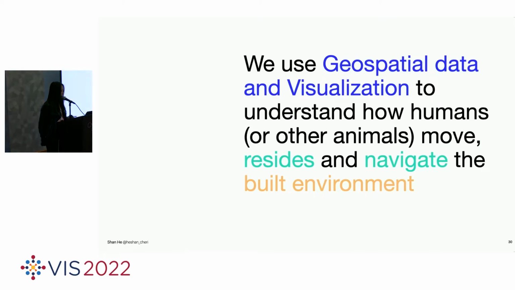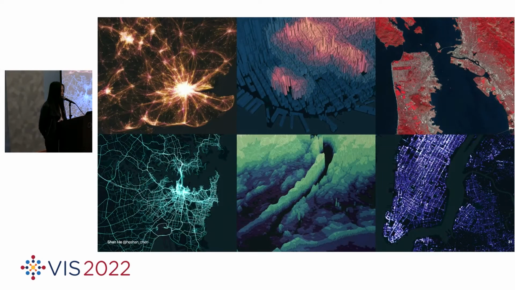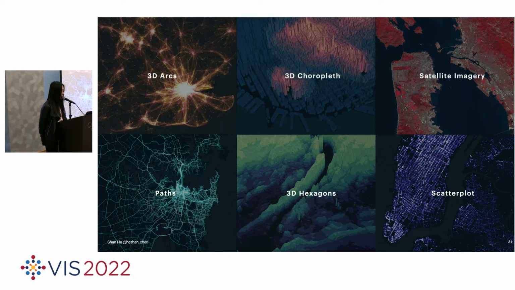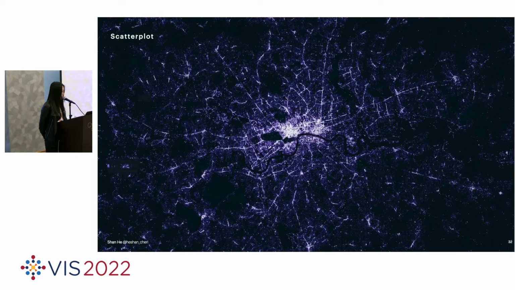We use geospatial data and visualization to understand how humans or animals move, reside, and navigate the built environment. All the symbols that we showed before can also be used in different types of geospatial visualization. We usually use a scatter plot here to visualize raw places data.